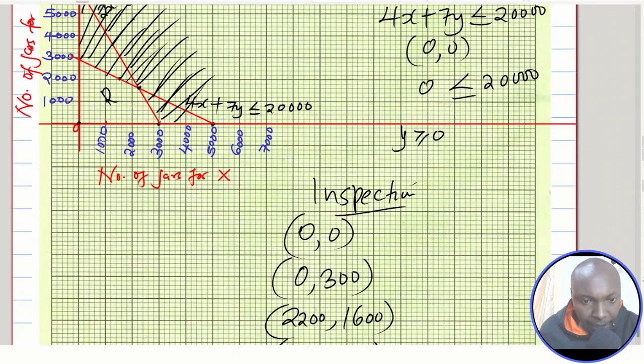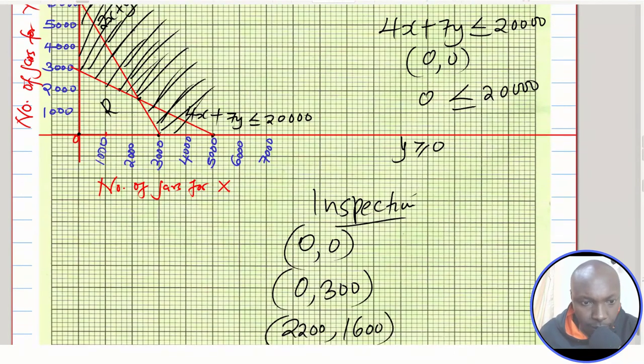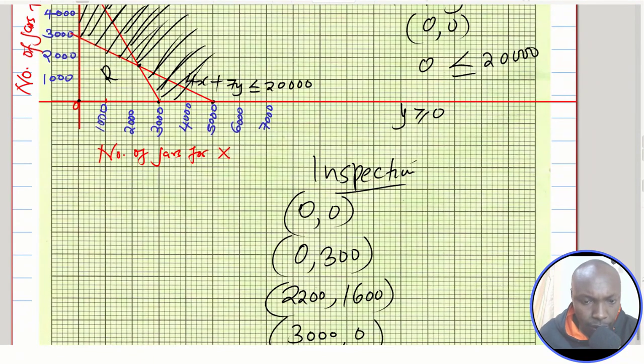So to inspect the point that is going to help us to maximize or minimize the profit, we look at the feasible region, the required region, and then we take the corner points of that region. We have identified them. The corner points are 0, 0; 0, 300; 2,200, 1,600; and 3,000, 0.